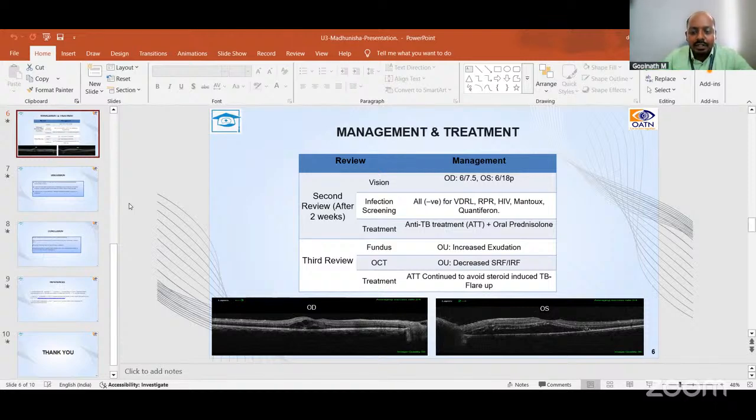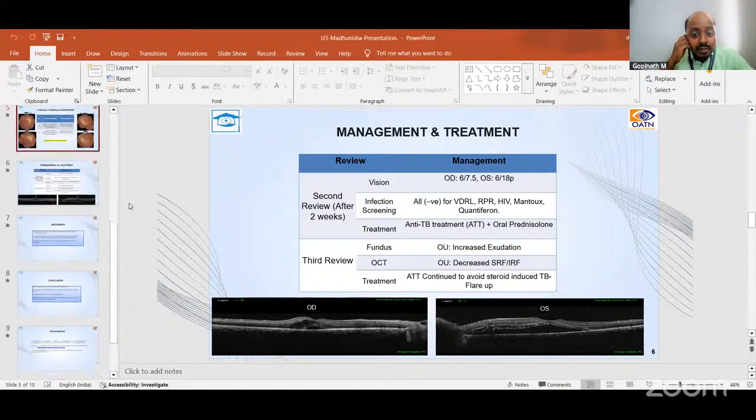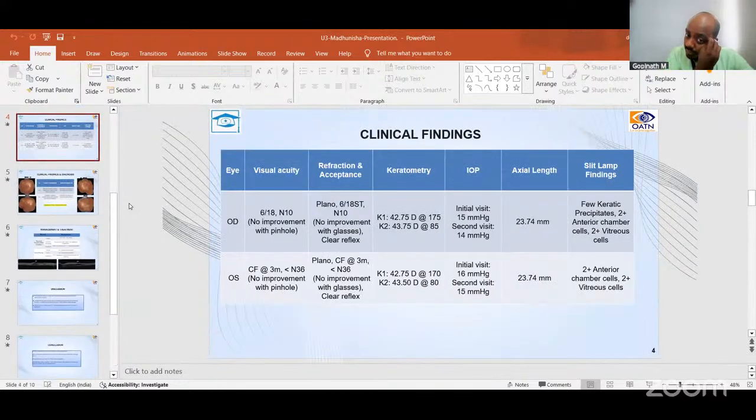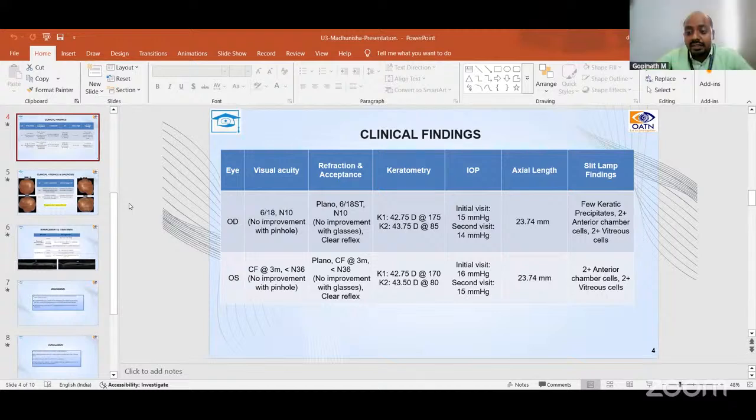Sir, could you please repeat it again? Go to the previous slide. There are KPs, anterior chamber cells, and vitreous cells, right? Yes, sir. During the third visit, how was it, and what is the reason for having all these slit lamp findings in this specific case?